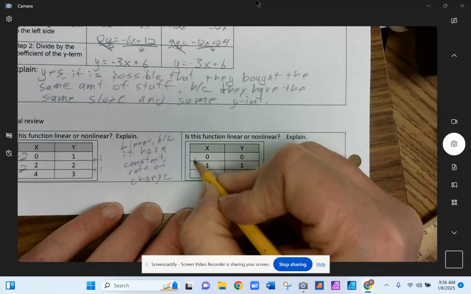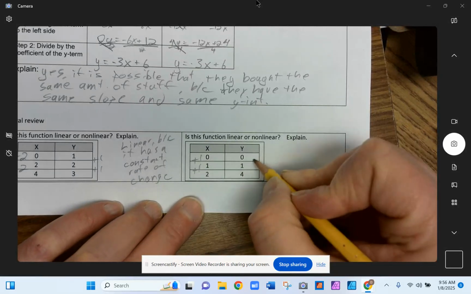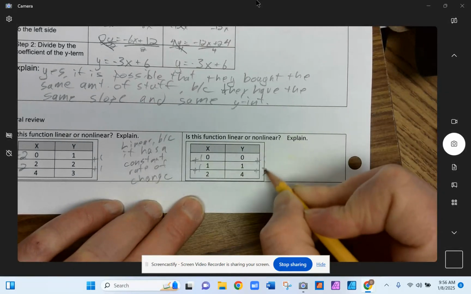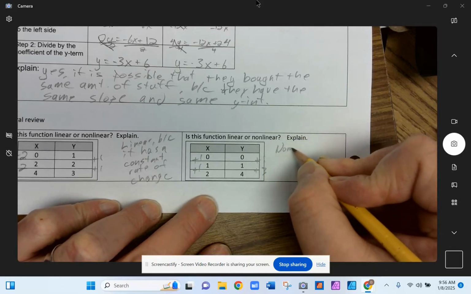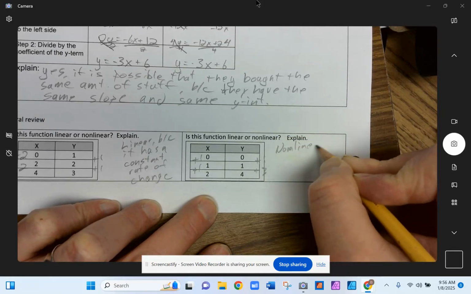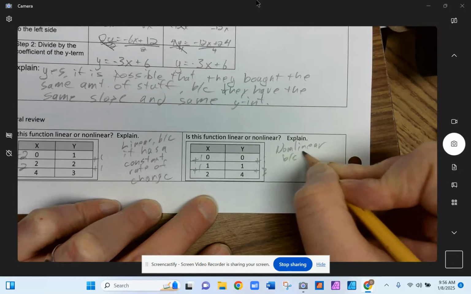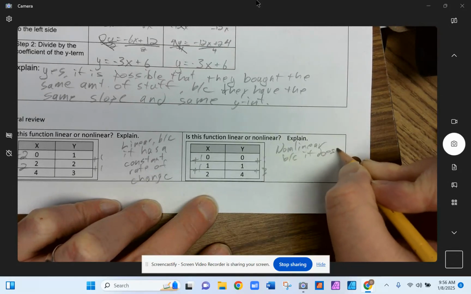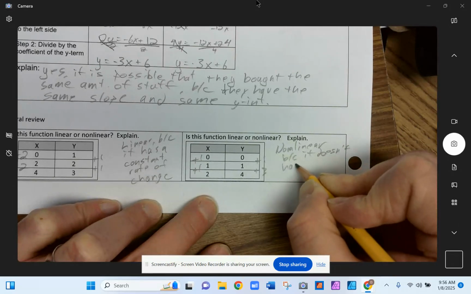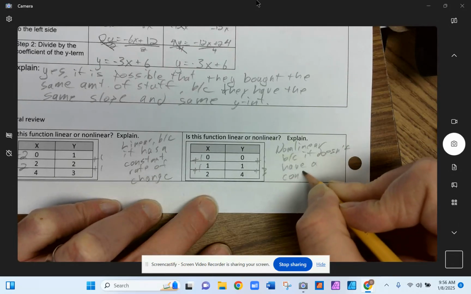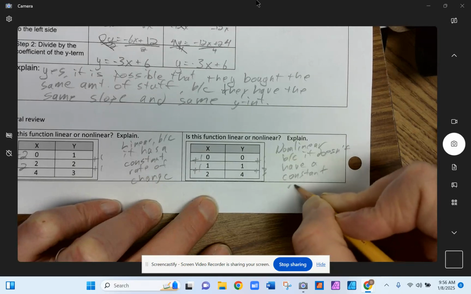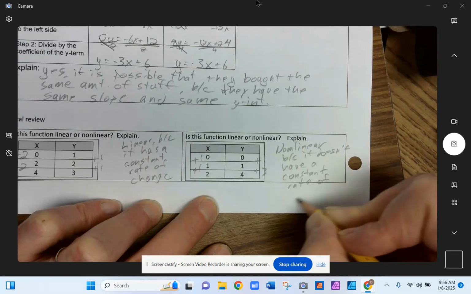And then we look here, we're adding 1 here and 1 here and 3 here. So we have a different number, so it's nonlinear because it doesn't have a constant rate of change.